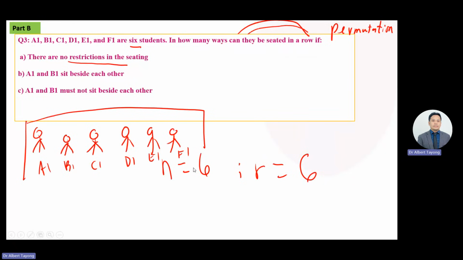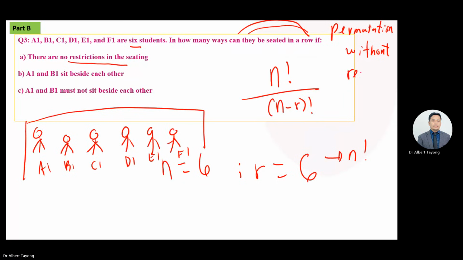So if the n and r are equal, the formula becomes n factorial only. The original formula is n factorial over n minus r factorial. This is permutation without repetition, because these students are unique. There is only one A1, only one B1.